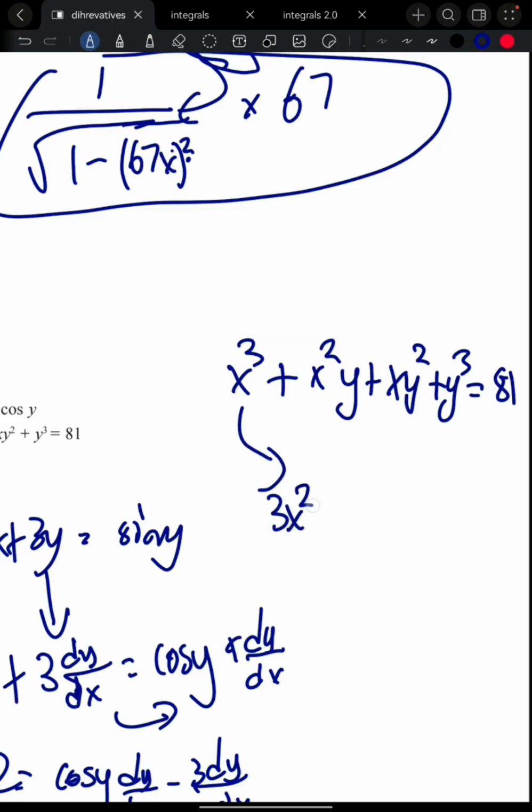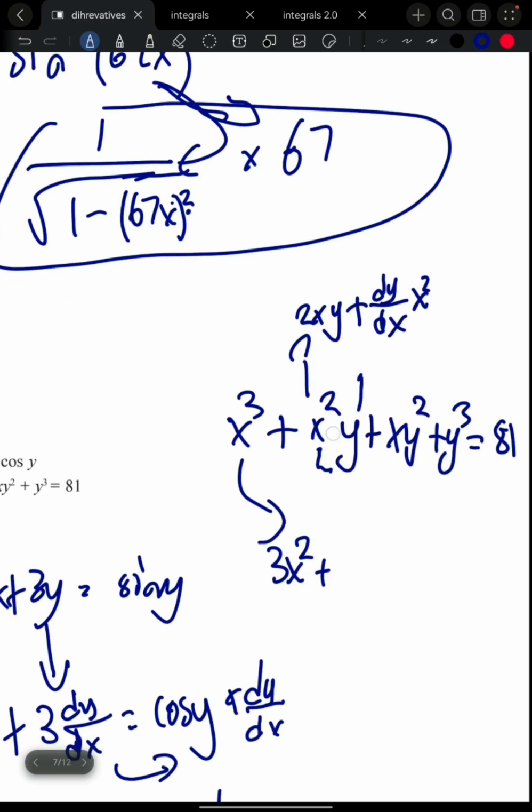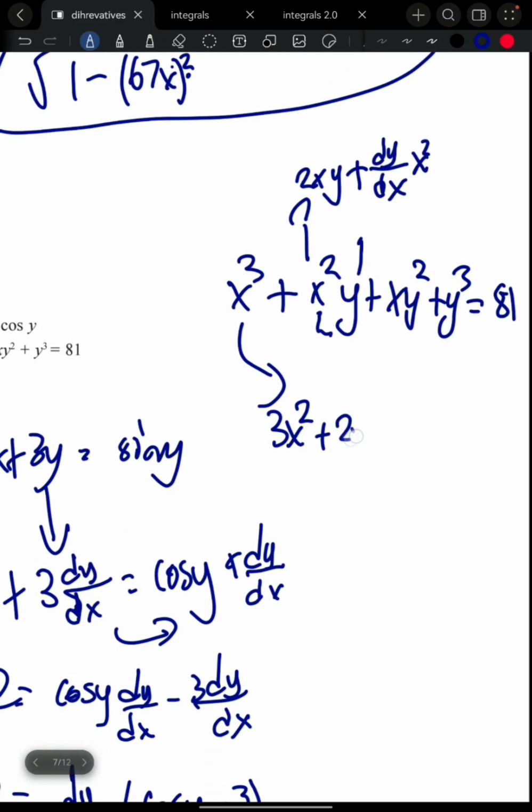That's just 3x squared. Differentiate x squared y. We're gonna use the product rule, right? So we're gonna take the derivative of x squared first, which is just 2x times y, plus derivative of y, which is just dy by dx, times x squared. So yeah, just right here, 2xy plus dy by dx x squared.